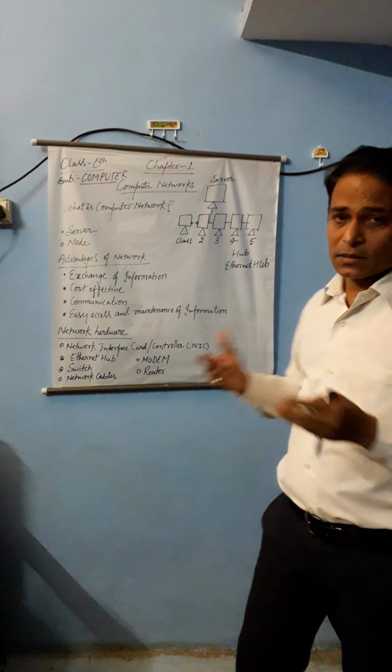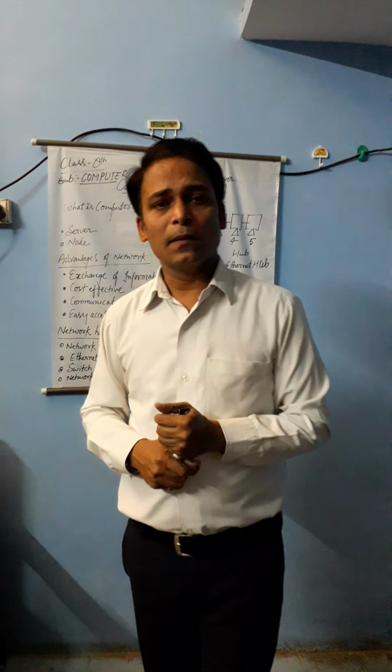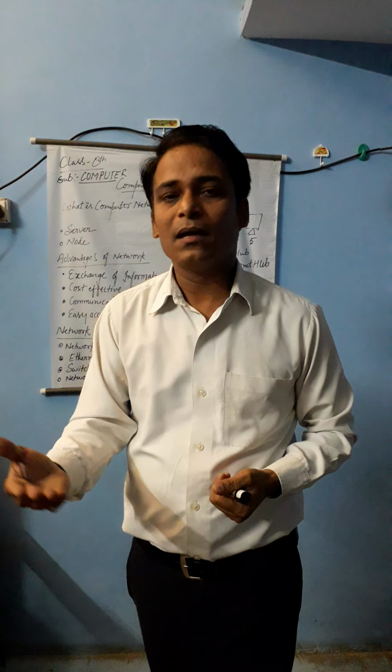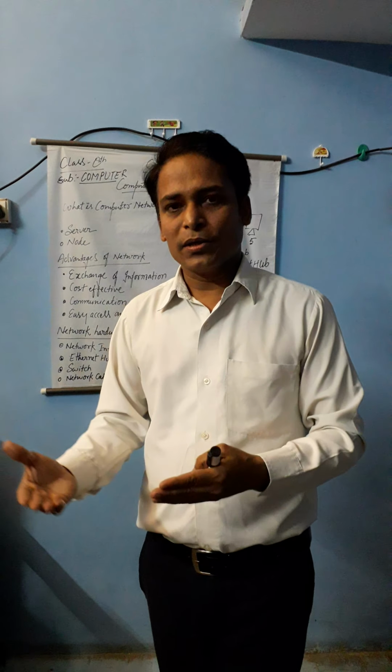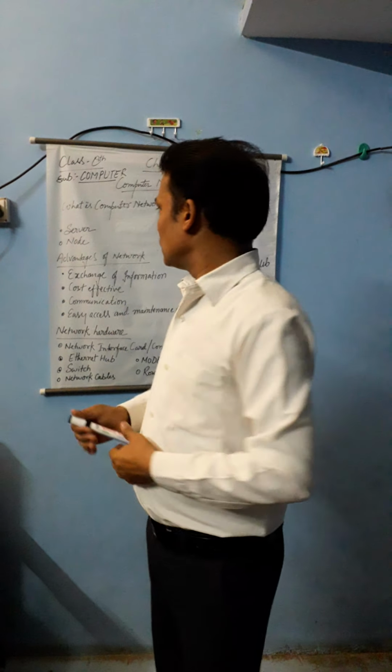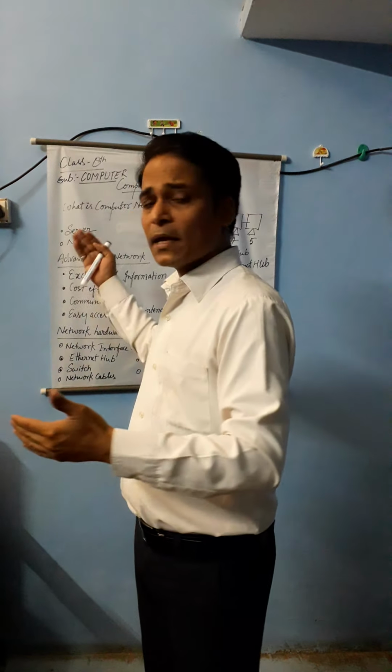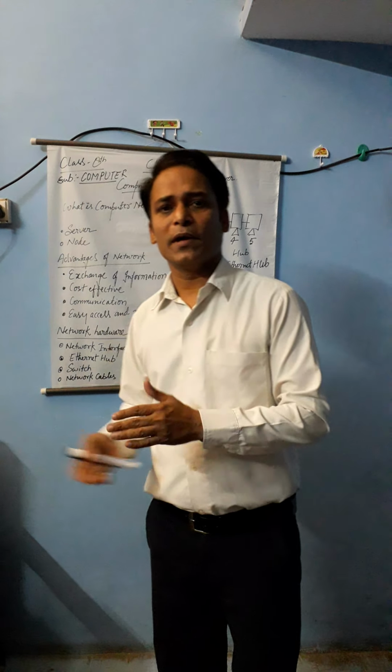So a node is a device connected to others. Not only computers but also peripheral devices like a printer or plotter are connected to each other. So we can take an example of the node and the server here.